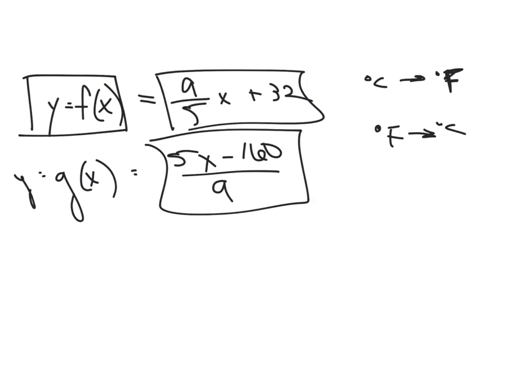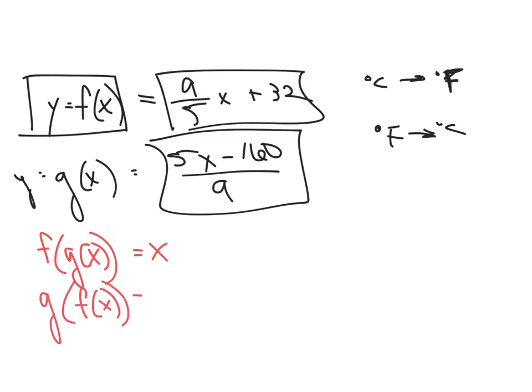So I know that they're inverse functions because this should give me x, as well as this should give me x. If I do this and get x, and I do this and get x, then they're inverse functions.